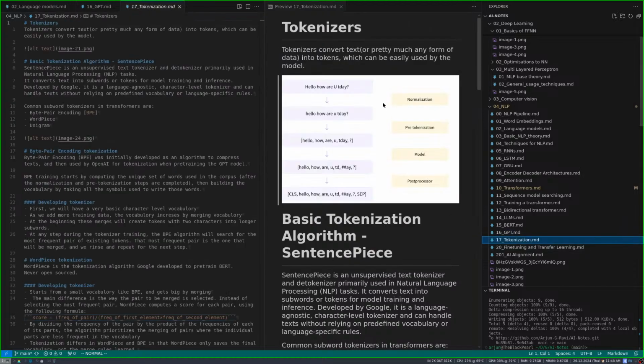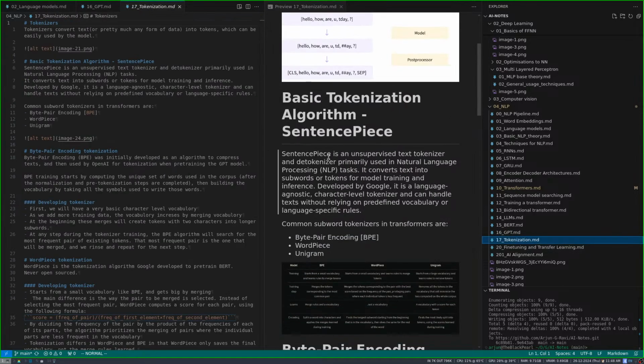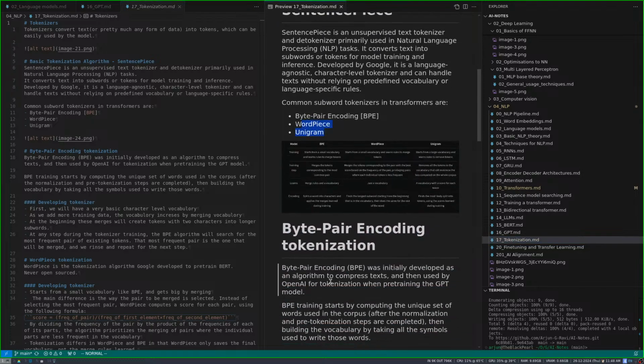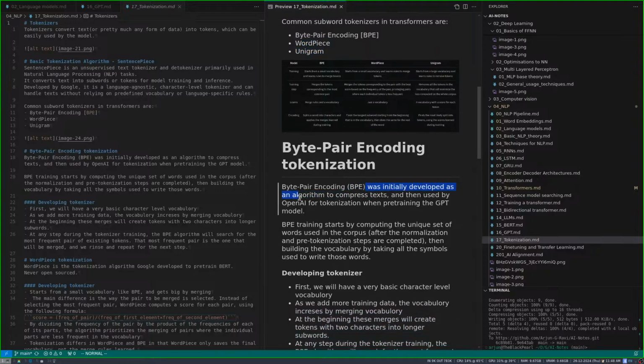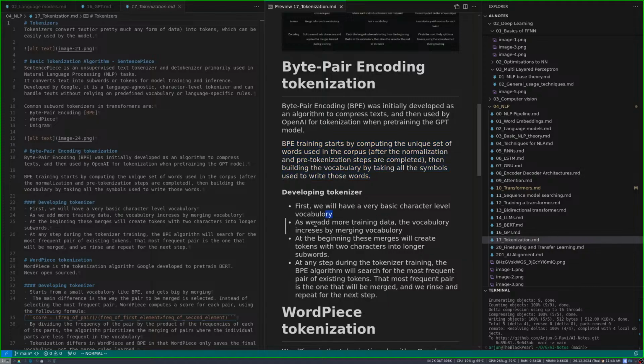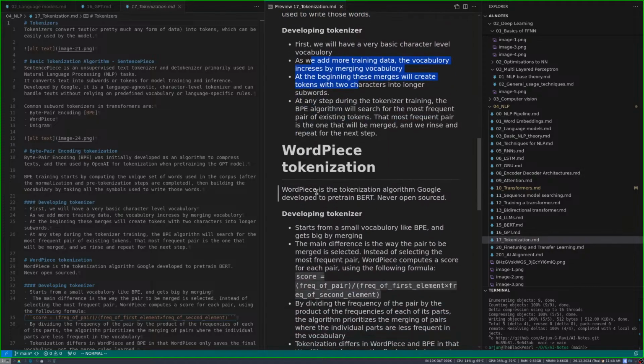Then we have tokenization. Basic tokenization, SentencePiece, which is an unsupervised text tokenizer and detokenizer, useful for subword tokens. We have byte pair encoding, WordPiece and Unigram. Byte pair encoding works by computing unique pairs. First we have the very basic character level, then increase. WordPiece is the algorithm Google uses, never open source.